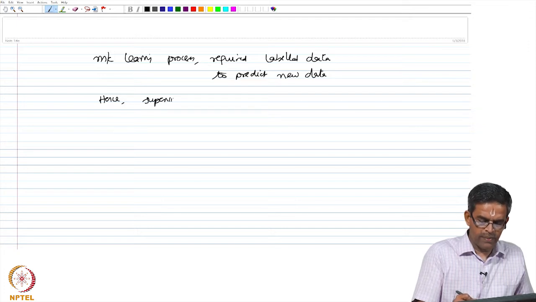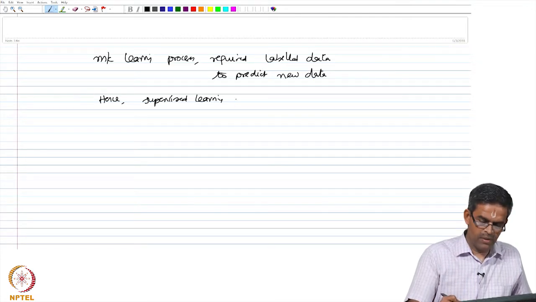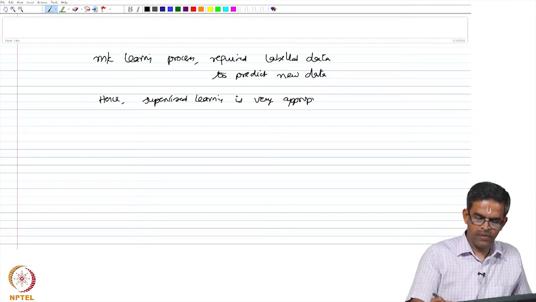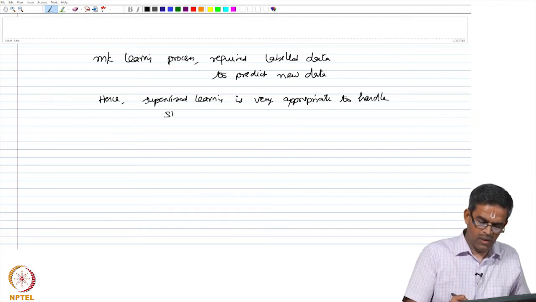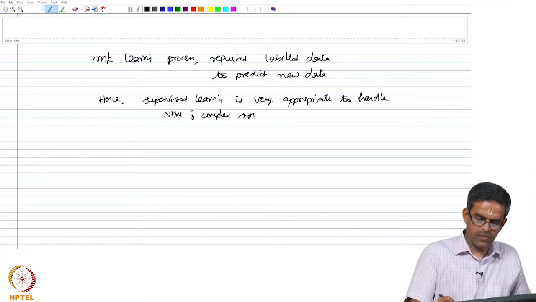Supervised learning is very appropriate to handle structural health monitoring of complex systems.